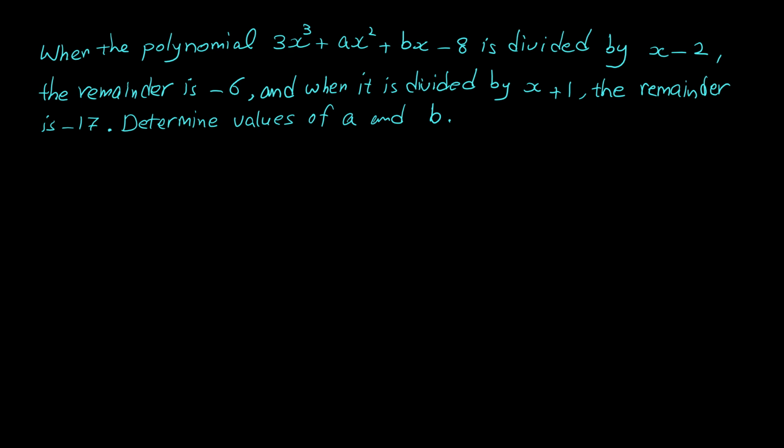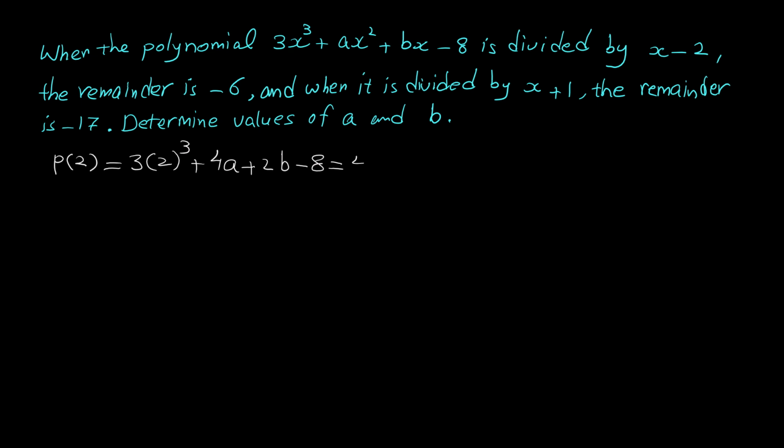Again, based on the remainder theorem, when it is divided by x minus 2, the remainder is p of 2. We substitute 2 in the given polynomial: 3 times 2 to the 3, plus a times 2 squared, which is 4a, plus b times 2, which is 2b, minus 8. 2 to the 3 is 8, times 3 is 24, minus 8 is 16.